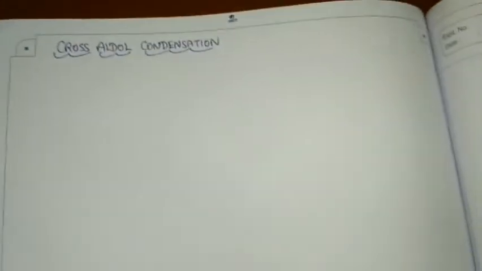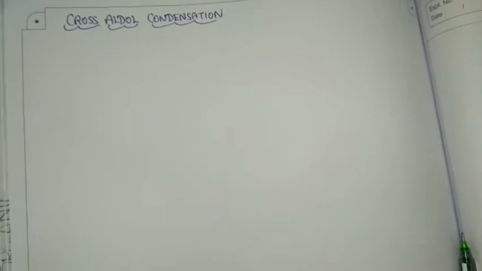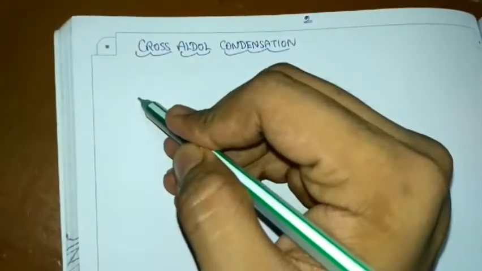This is generally termed as self-aldol condensation. Now, there is also the possibility wherein an aldehyde can react with a ketone, or a ketone can react with an aldehyde, or other combinations you can take. So today the topic is cross aldol condensation, wherein two different molecules react to form a product. So I just revised what we have seen in the last class.